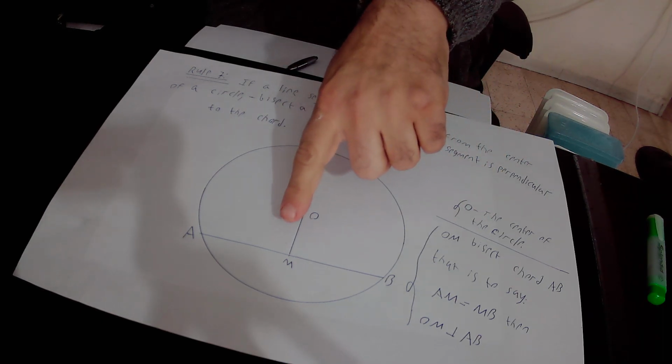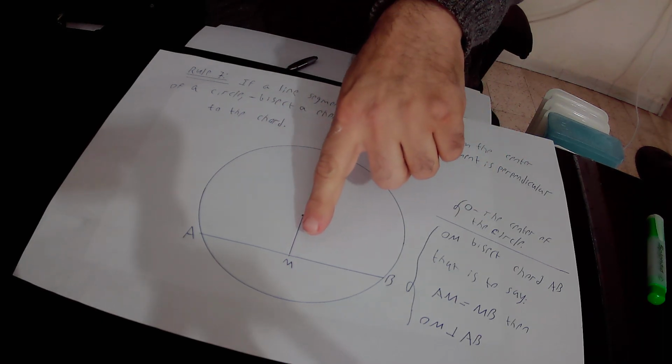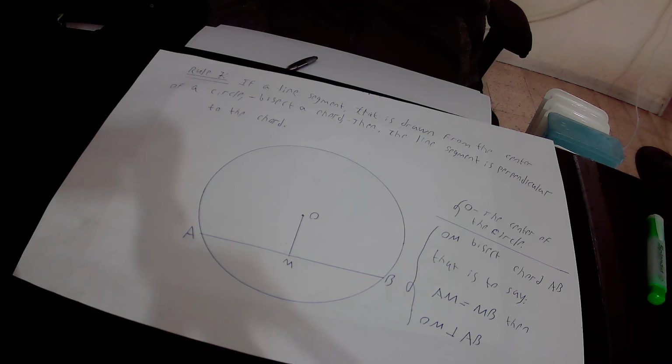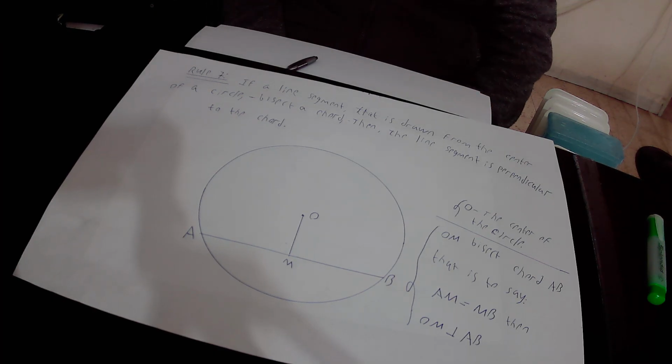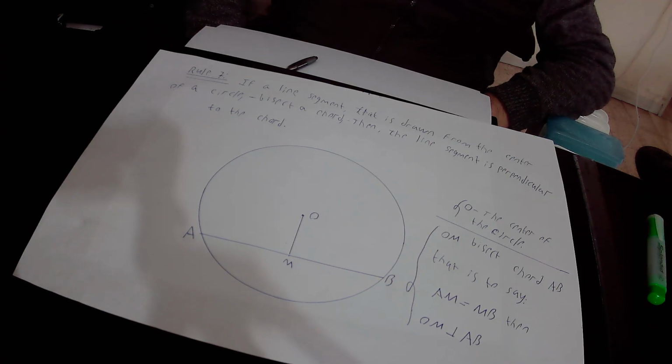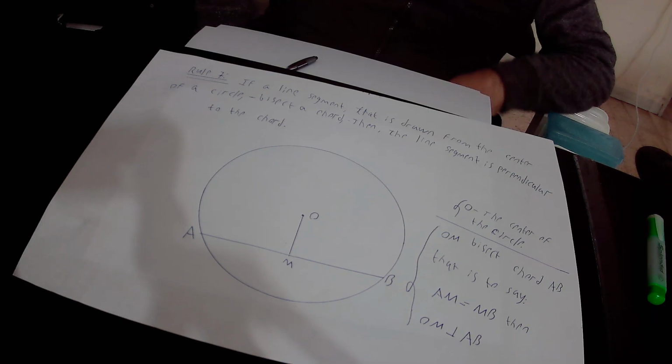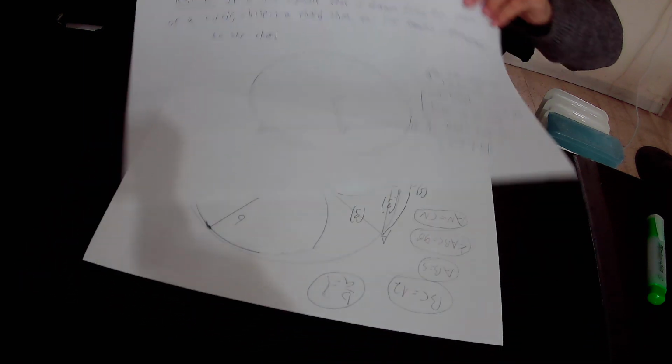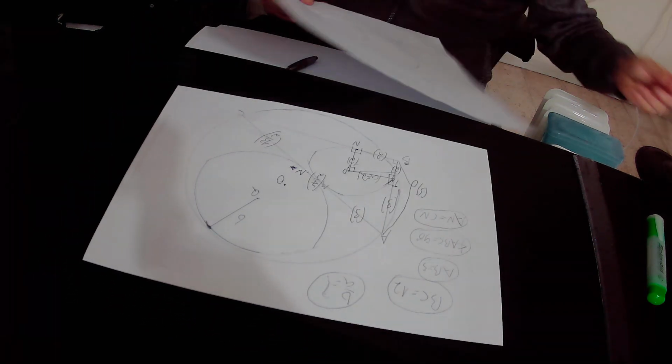That is to say, this angle will be equal to 90 degrees, and this angle will also be equal to 90 degrees according to rule number 7. So whenever we have, from the center of the circle, any line segment that bisects a chord, then the line segment must also be perpendicular to the chord. We can implement rule number 7 in our drawing.